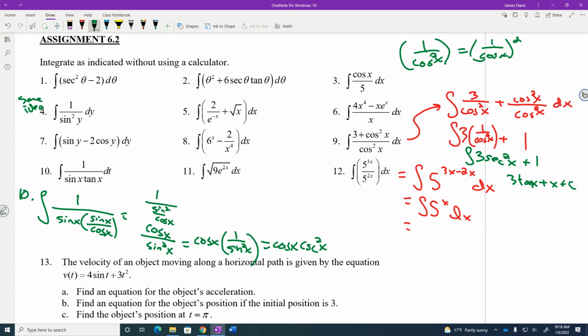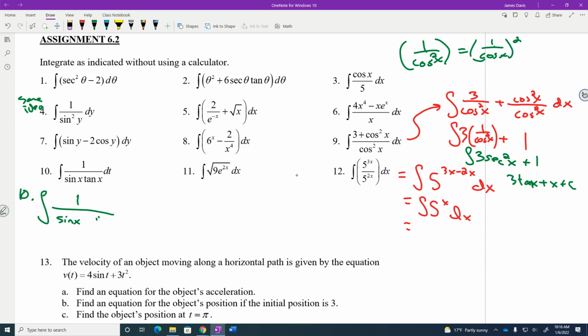Okay, so let's take a quick step back. This is again the right idea, but back here, because I would think the same thing here.